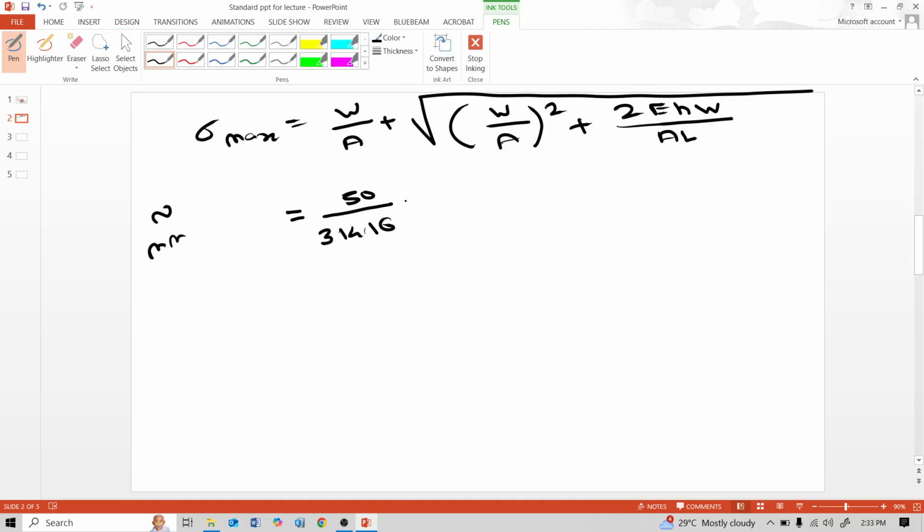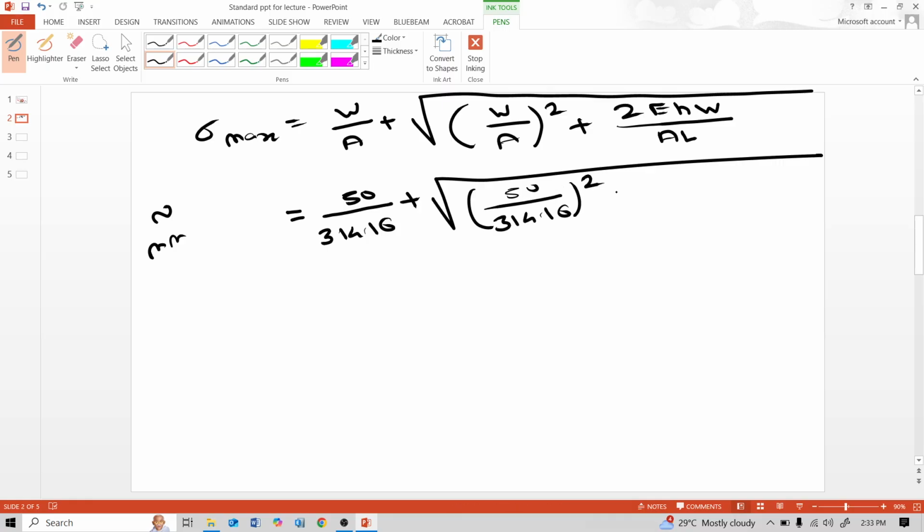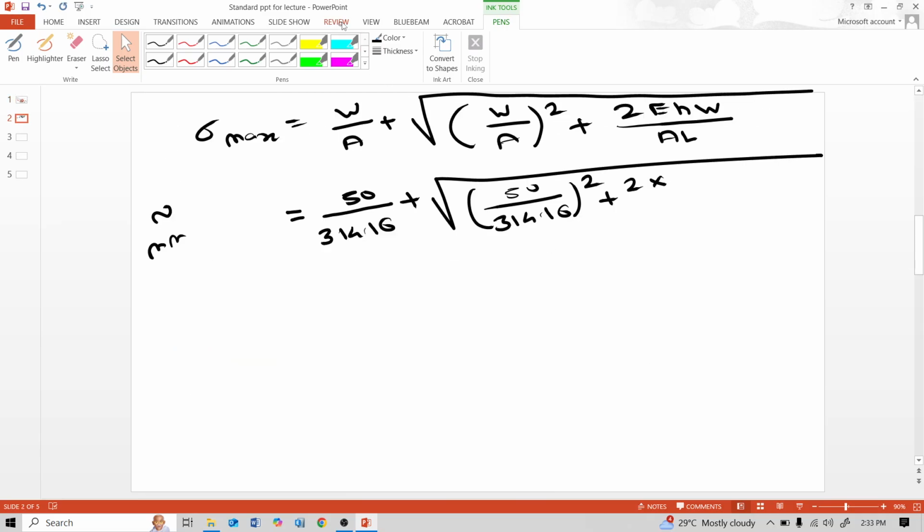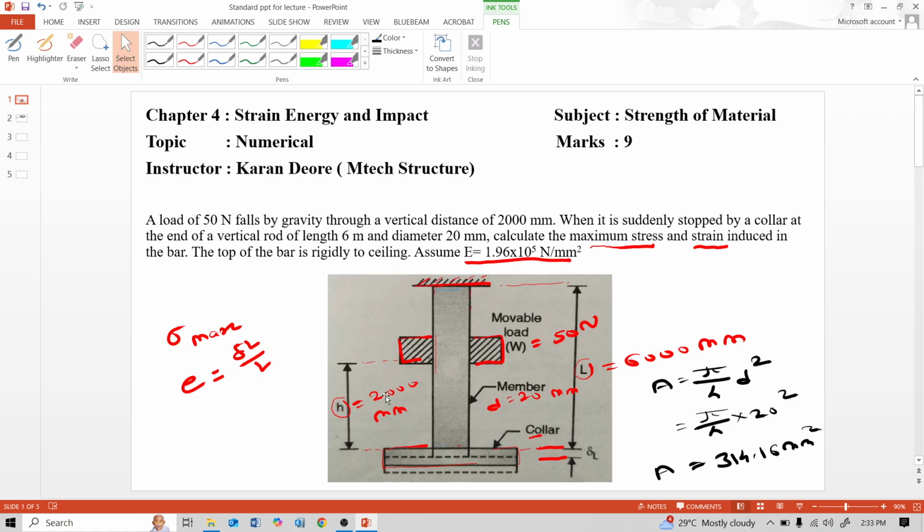Plus under root of again this term square, 50 upon 314.16 square, plus 2 into E, which is 1.96 into 10 raised to 5 Newton per mm square, into h, which is 2000 mm.